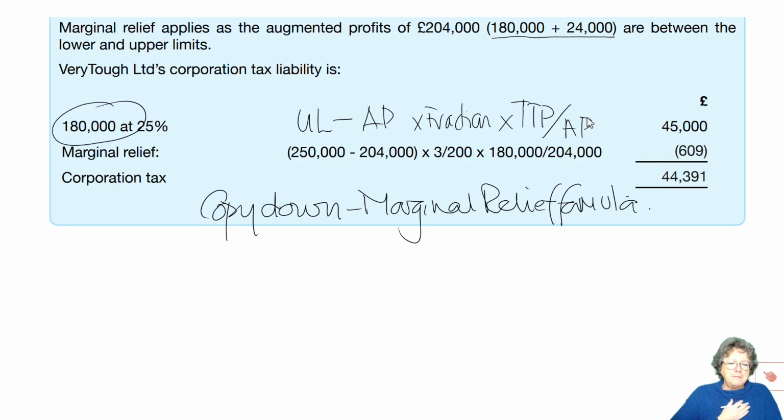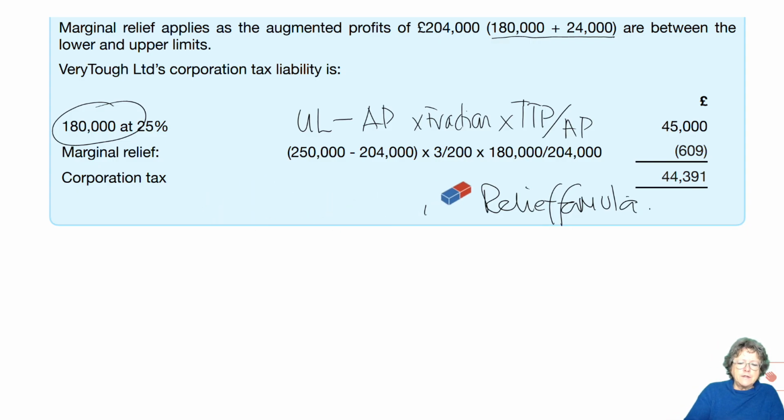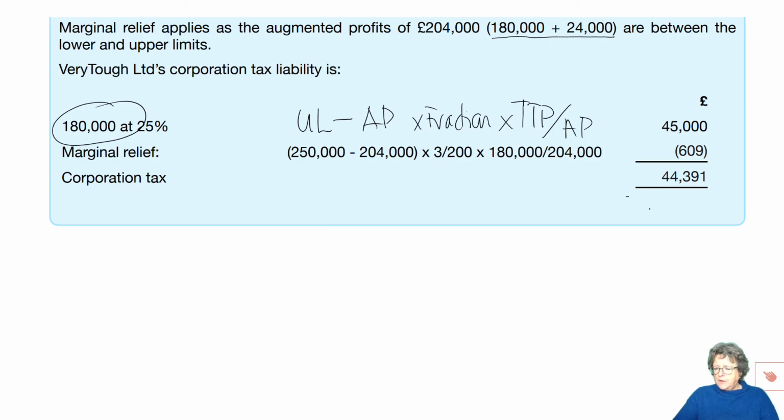Okay, forgive me. So when you do the calculation for this, I'm just going to get rid of this because I'm going to do the workings. What we need to do is to make sure that we do all these calculations individually. So the answer to that is 46,000. Which we would then multiply by 3 200ths, which is the standard fraction.